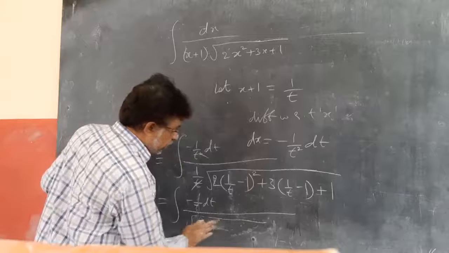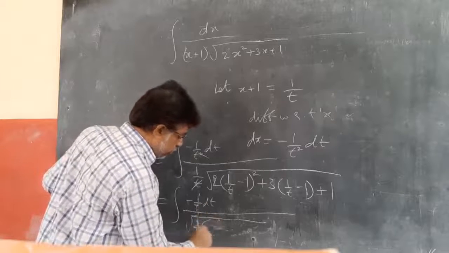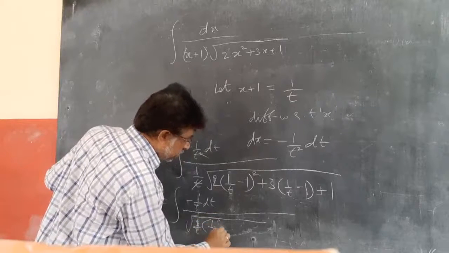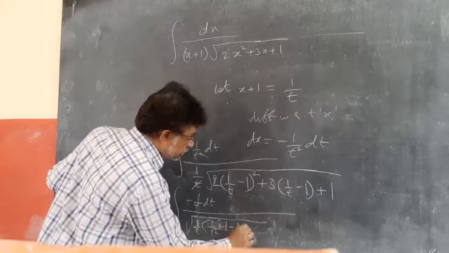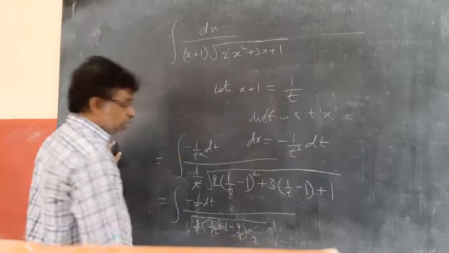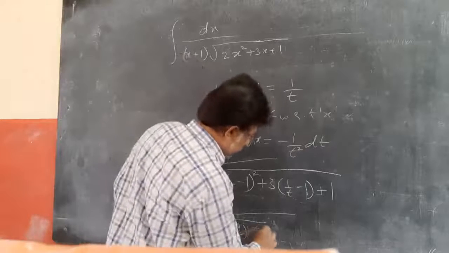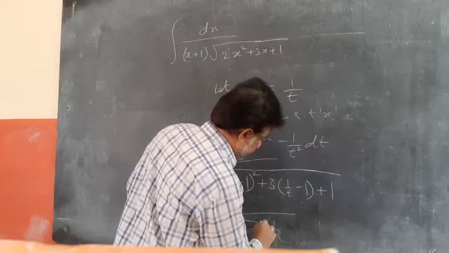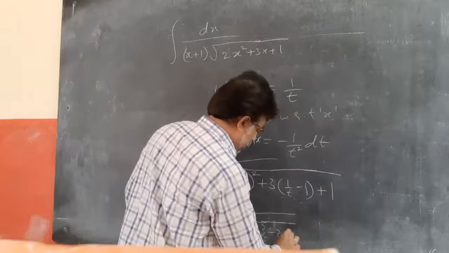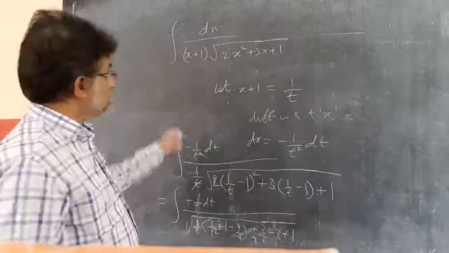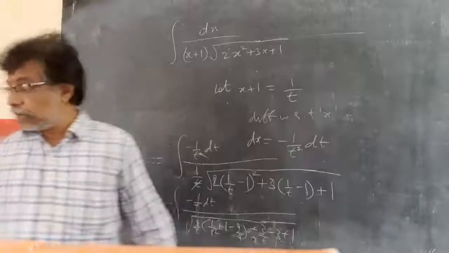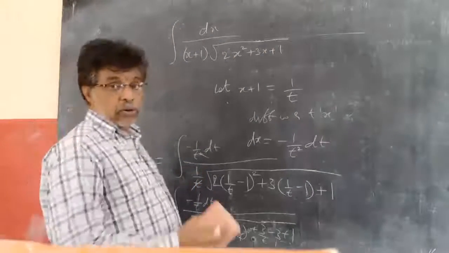I want the formula a minus b whole square, a square plus b square minus 2ab. So 2 into 1 by t square plus 1 minus 2 by t, plus 3 by t minus 3 plus 1. Now, if I open the brackets and simplify, what do I get?